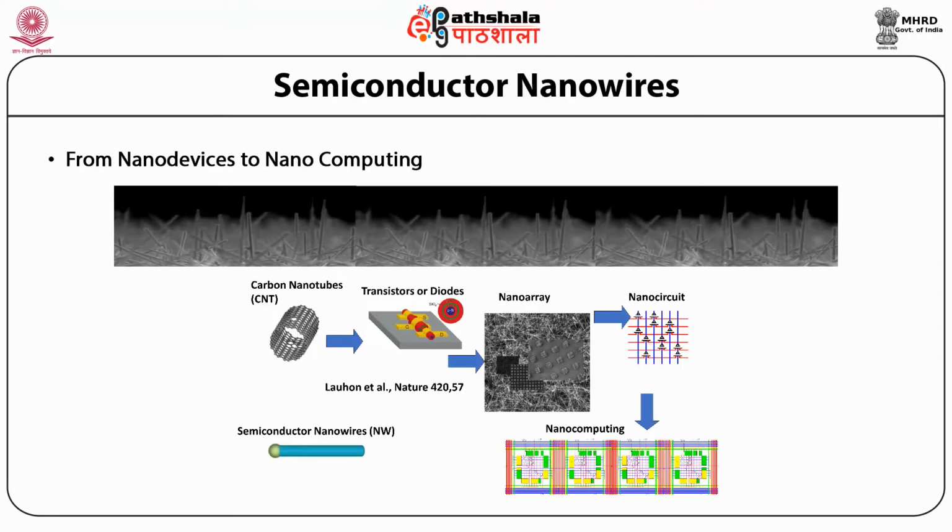Then this shows a nano array of various transistors or diodes made from nanotubes. These nanoarrays, then they are used in nano circuits, and then finally we use them in nano computing. We can use the semiconductor nanowires instead of carbon nanotubes also.